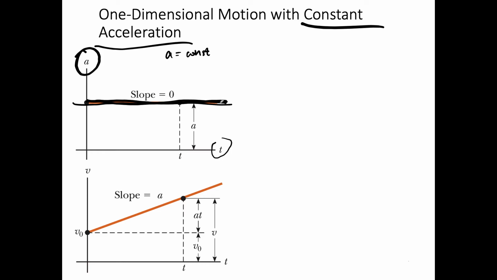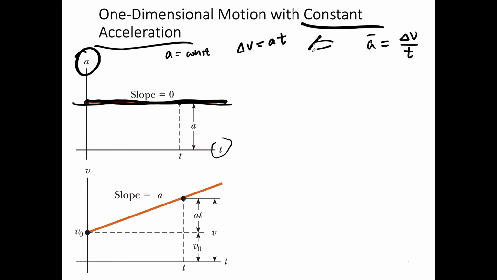How about the velocity? We know for constant acceleration, the change of velocity should be the acceleration times t, because by definition a is v over t, and a is always the same.